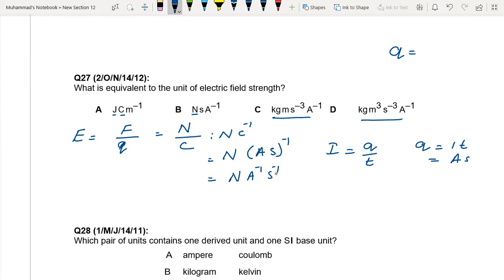So that's why this is incorrect. What I have to do is put SI base units of Newton, that is kg m s minus 2 times A minus 1 s minus 1. Simplifying this, that is kg s minus 2 minus 1, that becomes s minus 3 and A minus 1. So kg s minus 3 A minus 1. So 27 C is the correct answer.